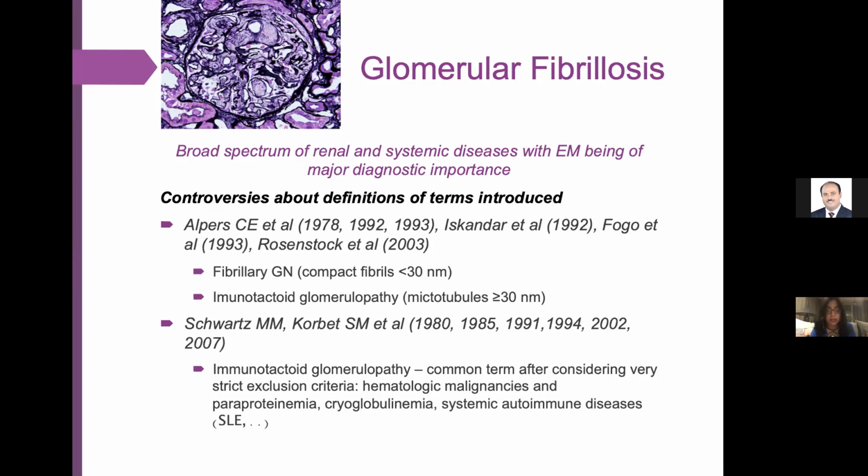They consider that immunotactoid glomerulopathy is actually a common term, that it's common to find microtubules deposited in the glomeruli when you exclude, by very strict criteria, all hematological malignancies and paraproteinemias, when you exclude cryoglobulins, when you exclude systemic autoimmune diseases such as lupus, and then you're left with these microtubules, then you can call it immunotactoid glomerulopathy. So it's not related to the size as much as it's related to the structure of these fibrils.